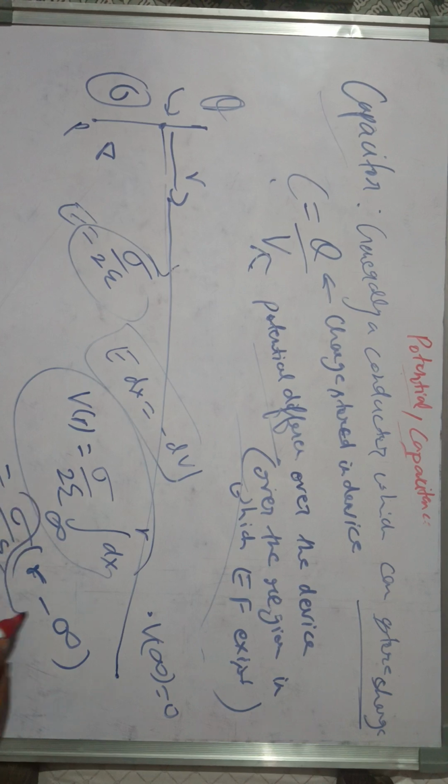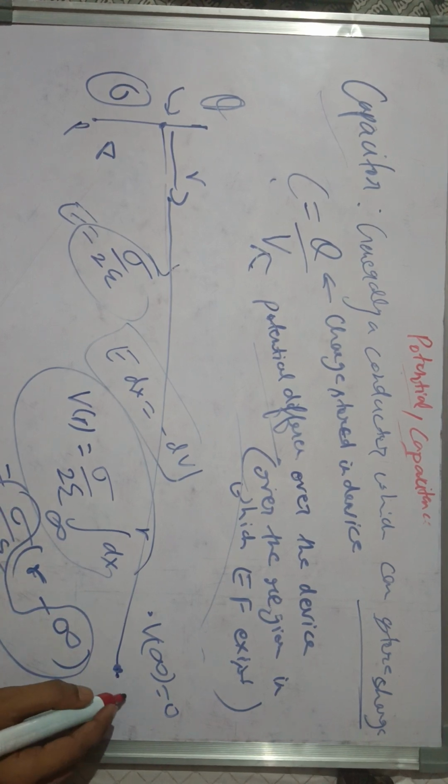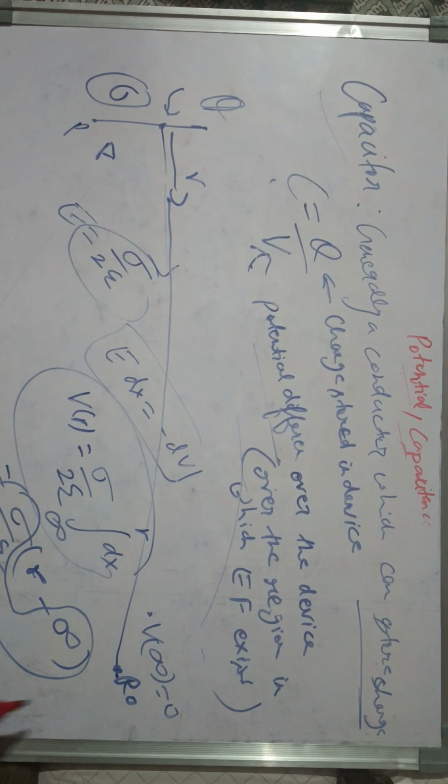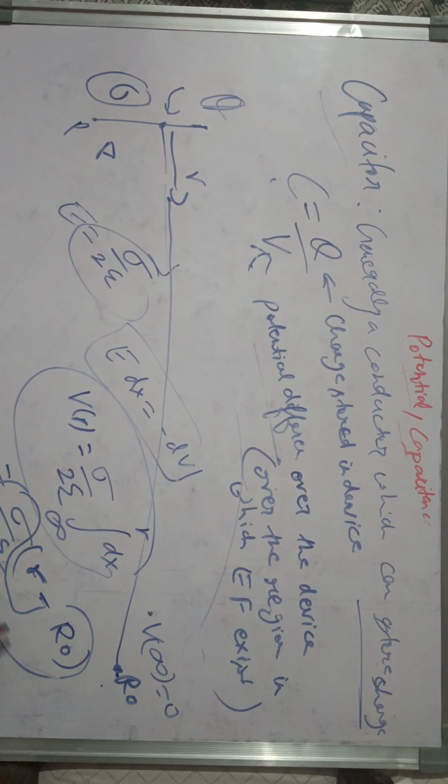If I take the reference point at, let's say, r naught distance from this point, this is the reference point, and the potential at this reference point is 0, V at this reference point is equal to 0.